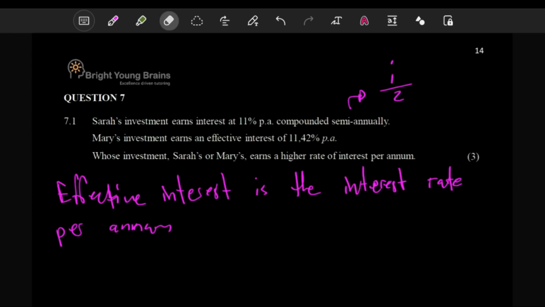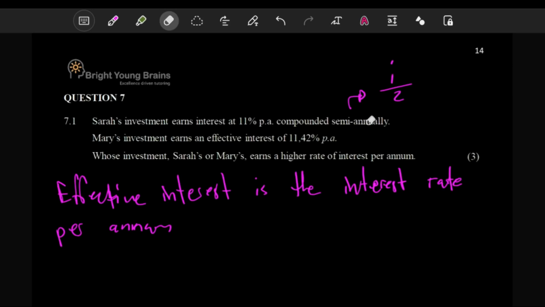So for you to get the interest rate per annum, it is just a matter of getting the effective rate. Here they gave Mary's one, it's already the effective rate, so hers is already per annum. But Sarah's is not per annum, it's compounded semi-annually.